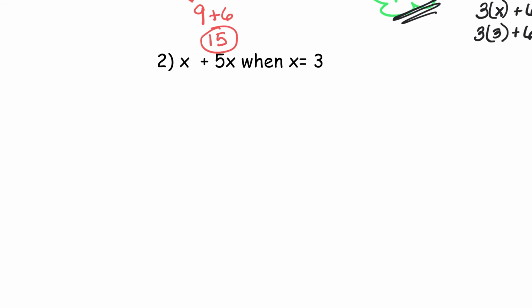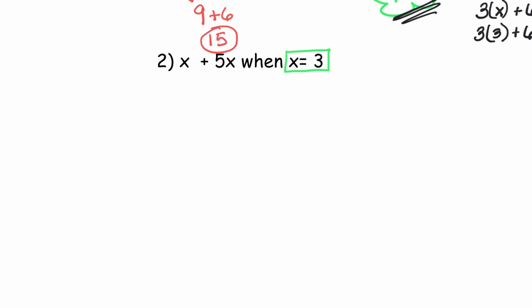Let's try number 2, x plus 5x when x is equal to 3. So I see that the value of x is going to be equal to 3. How will that look when I set up my problem?